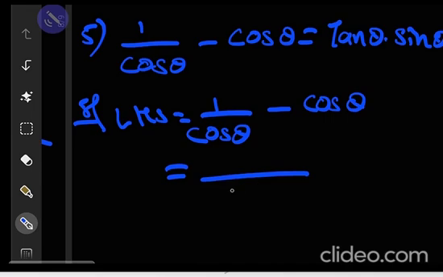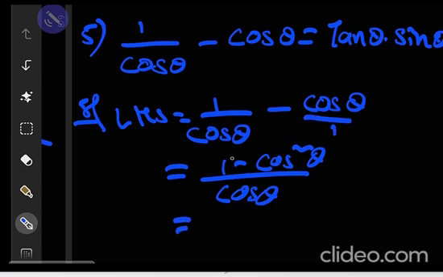So the LCM is cos theta. So 1 minus cos square theta, divided by cos theta. 1 minus cos square theta is sin square theta divided by cos theta.